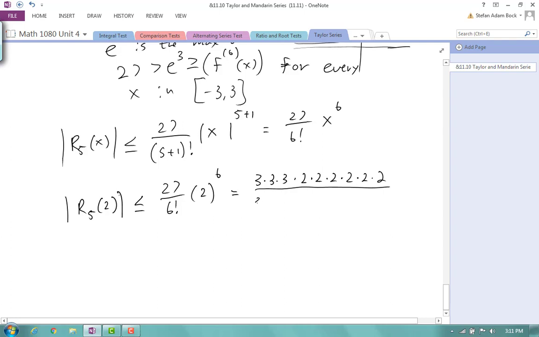There's 6, which is 3 times 2, times 5, times 4, which is 2 times 2, times 3, times 2, times 1. And I can cancel off a bunch of these numbers. One more. A 3, and a 3, and a 3, and a 3, which is equal to 8 over 5.